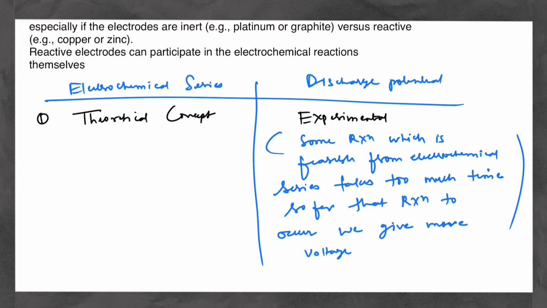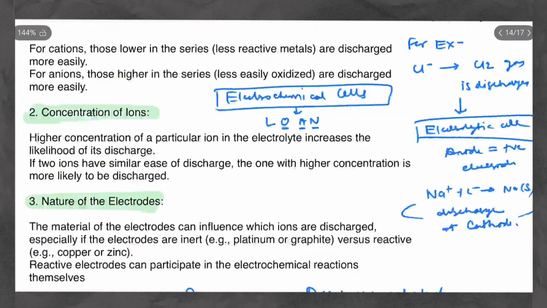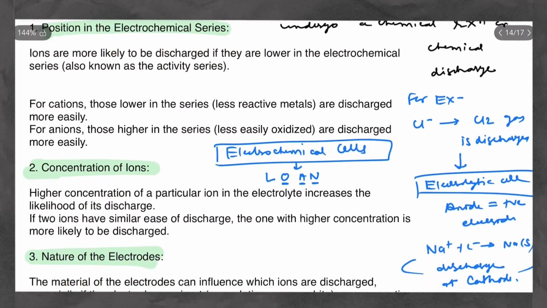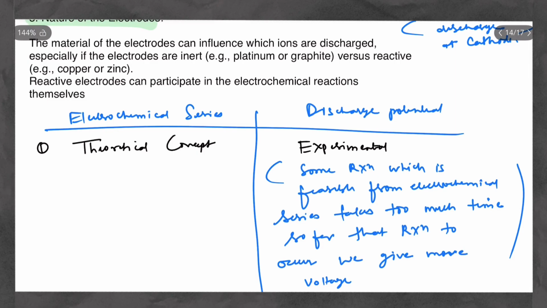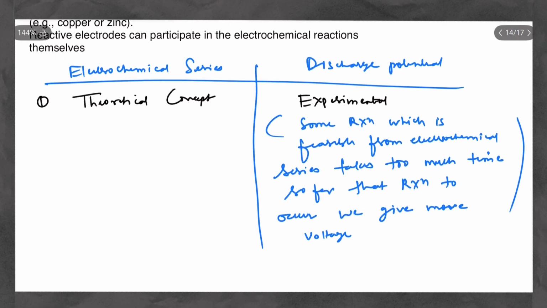So what have we understood here? In terms of the experimental concept, we have to apply some more potential to proceed with the reaction. That is the concept of discharge potential, which is different from the electrochemical series. But we can make assumptions from the electrochemical series; we use its basic concept to predict discharge potential to some extent.